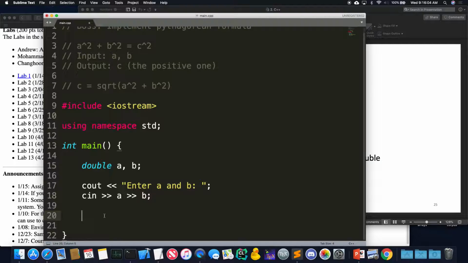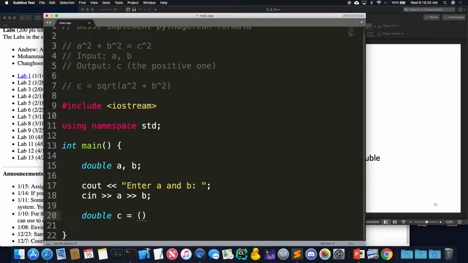So then we want C to be a double. Or float, it doesn't matter here, but we're going to use double because it's not always going to be an integer.